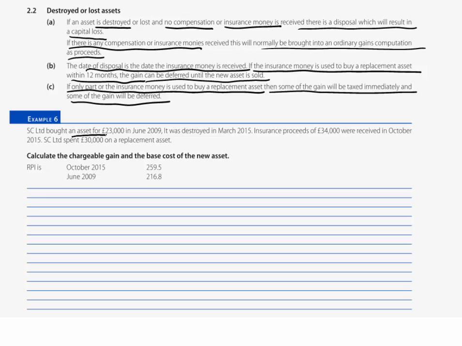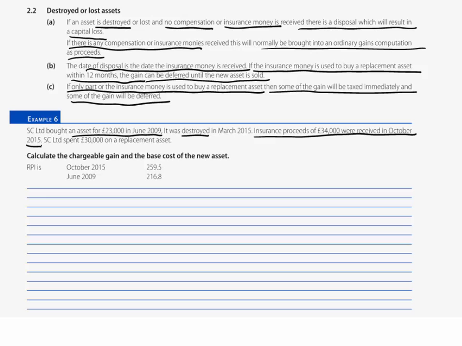The company had originally bought an asset for £23,000, acquisition date June 09, cost £23,000. Destroyed is a disposal that occurred in March 2015, but what is important is that insurance proceeds of £34,000 were then received in October 2015.